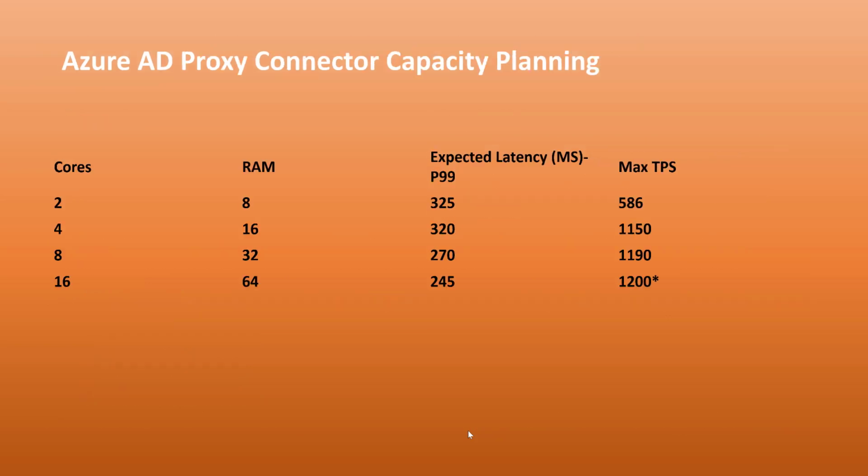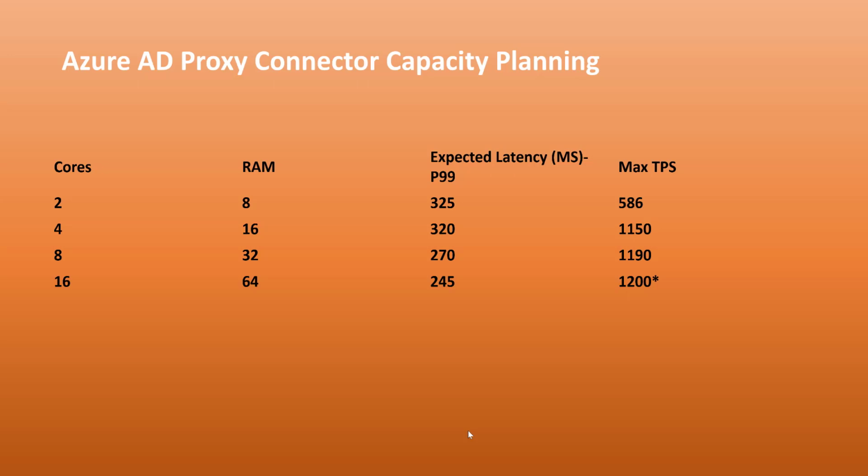The next important thing is capacity planning for Azure AD Proxy. Depending on the maximum transactions per second, TPS, you can specify the compute requirements for the servers that would be running the Azure AD Proxy connector.